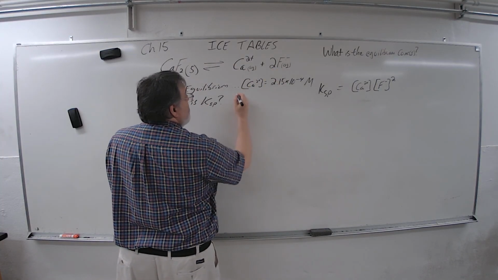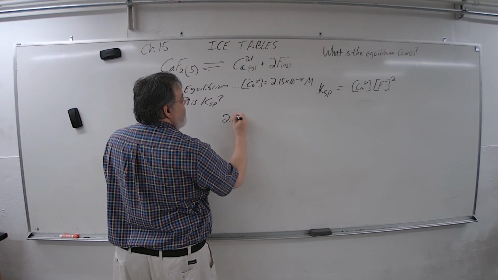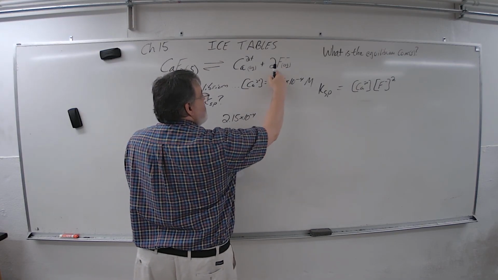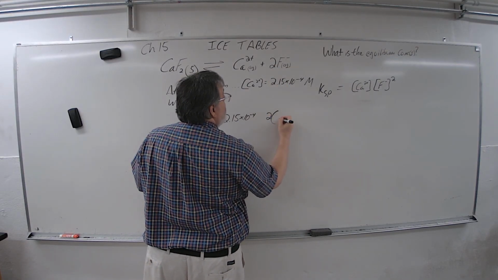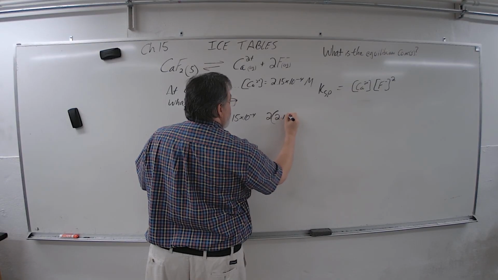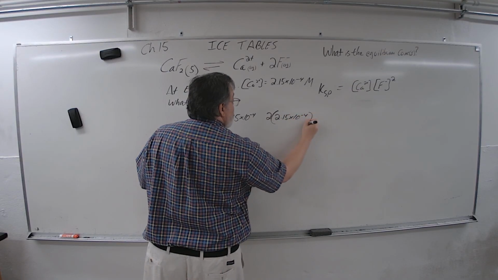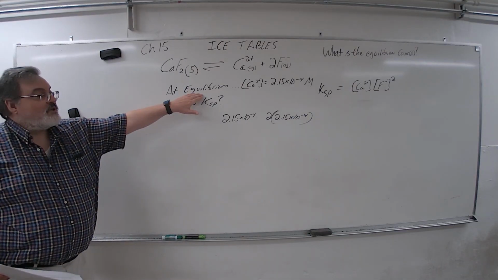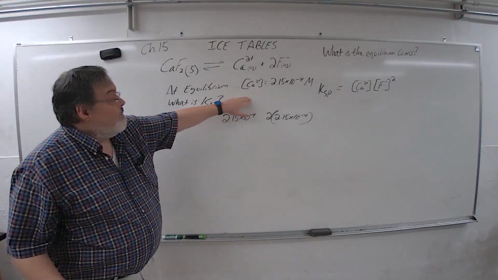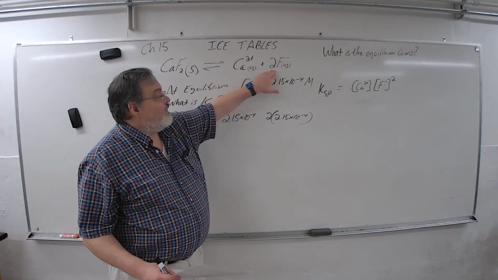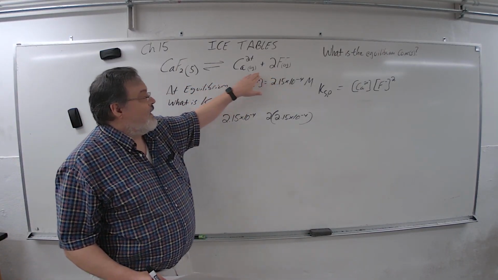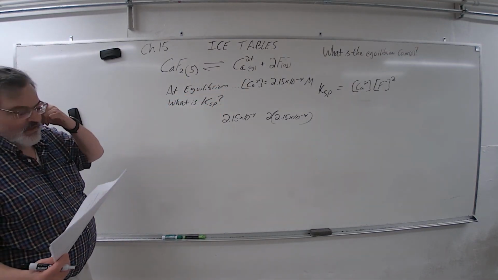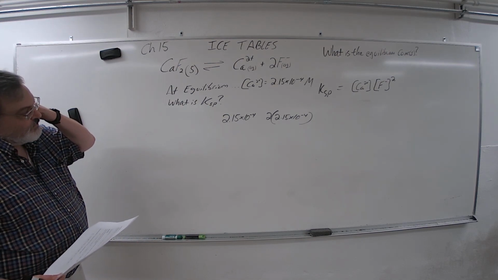So if the concentration of calcium is this, then the concentration of fluoride is 2 times 2.15. This is what we're told. But you can use this to infer that the concentration of fluoride is 2 times whatever the concentration of calcium is. They don't use an ice table. Maybe it's instructive to write one.